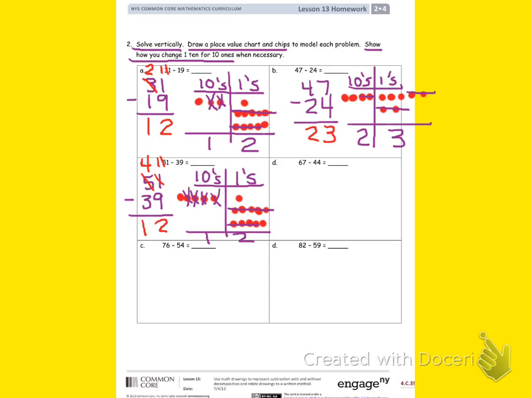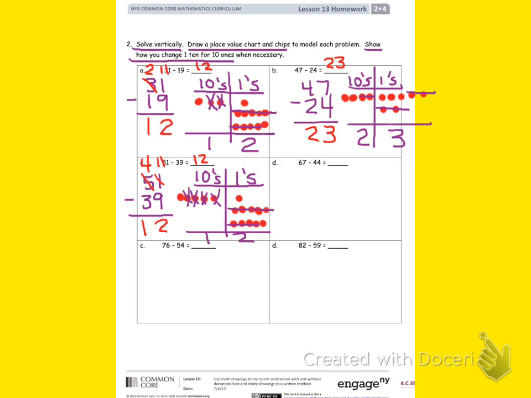It's probably a really good idea if we write the answers on the line that's provided for us too. So I'll do that now on items A, B, and C. All right, now you know how to do the rest of this page on your own. Don't forget, write your problem vertically first.